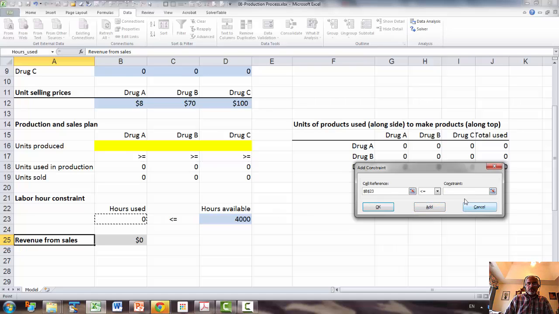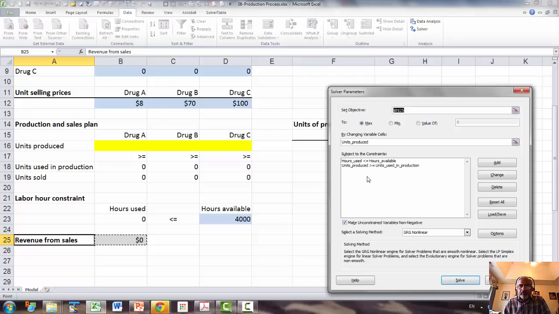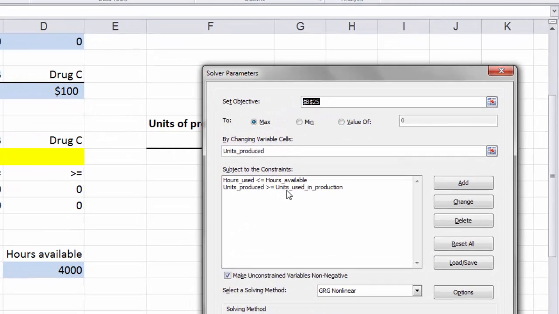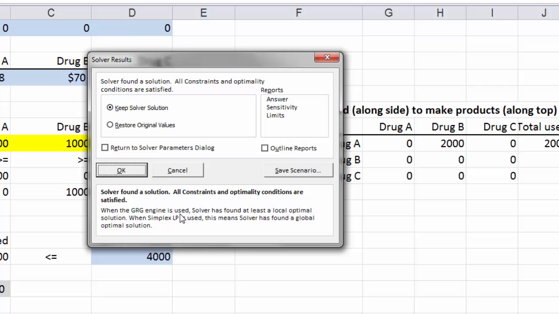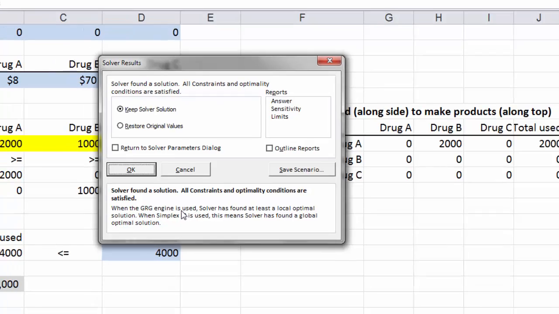And then hours used must be less than or equal to hours available. Units produced greater than or equal to units used in production, and labor hours less than or equal to. So non-negative, simplex LP, and solve. And you get the answer.